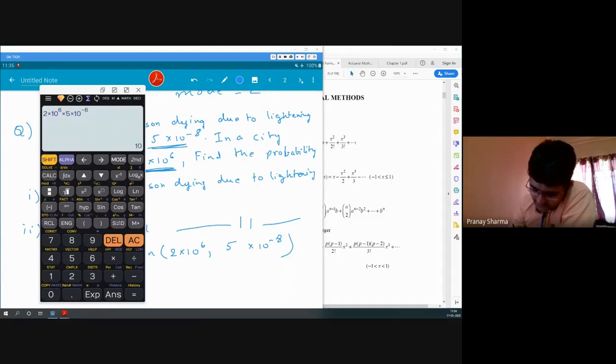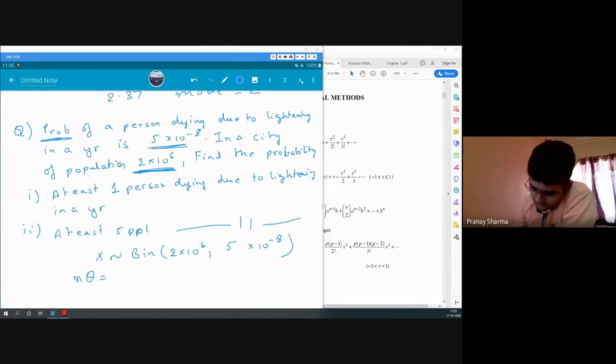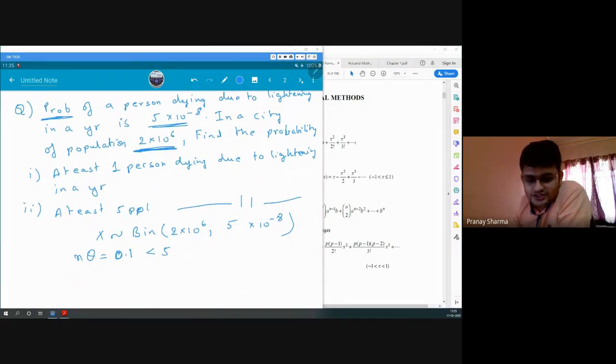So I'll have 5 into 10 raised to minus 8 times 2 into 10 raised to 6, and I get 0.1. Yeah, this is what I was going for. N theta is 0.1, so this is definitely less than 5. Therefore, we can convert this into our Poisson distribution.